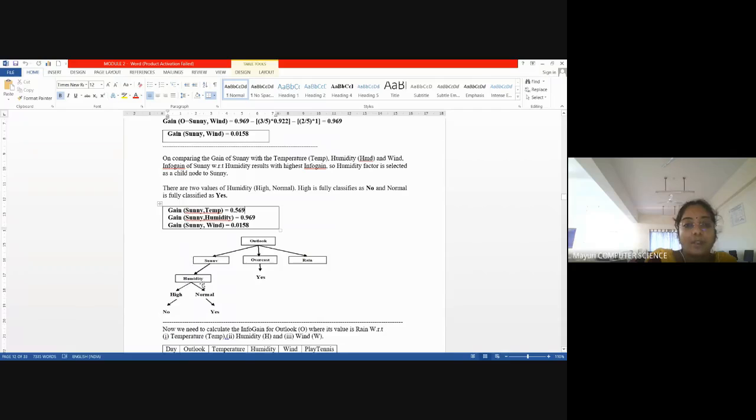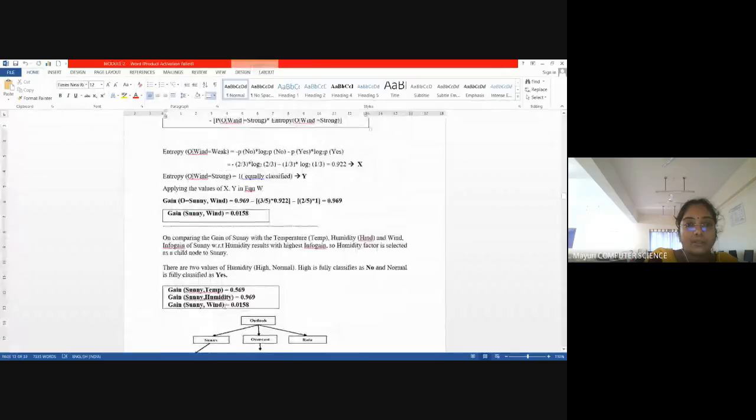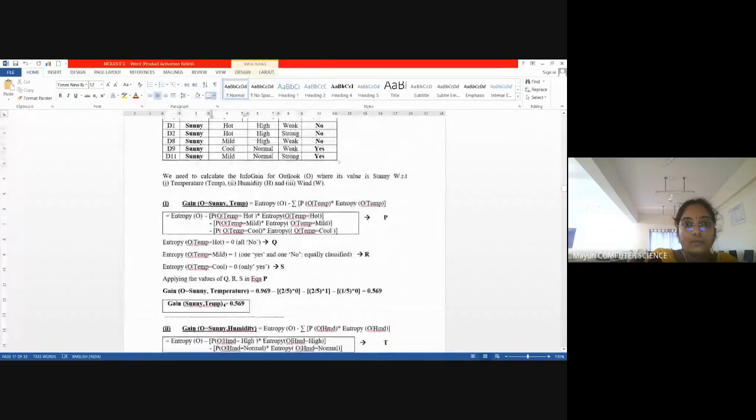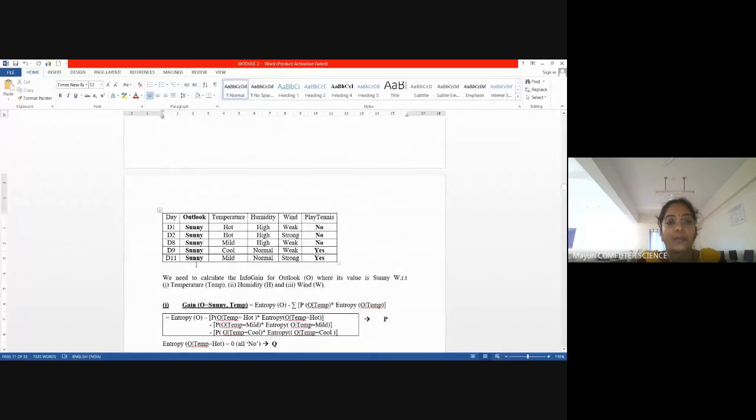Okay, I have fixed humidity, but out of humidity that has only Sunny, humidity has 2 values, one is high, one more is normal. I think all the high is fully classified with no and all the normal is fully classified with yes. Only then we can write it like that. If you want, you can check the table, humidity table. Just look at the humidity. With respect to Outlook, I think the humidity got the highest info gain.